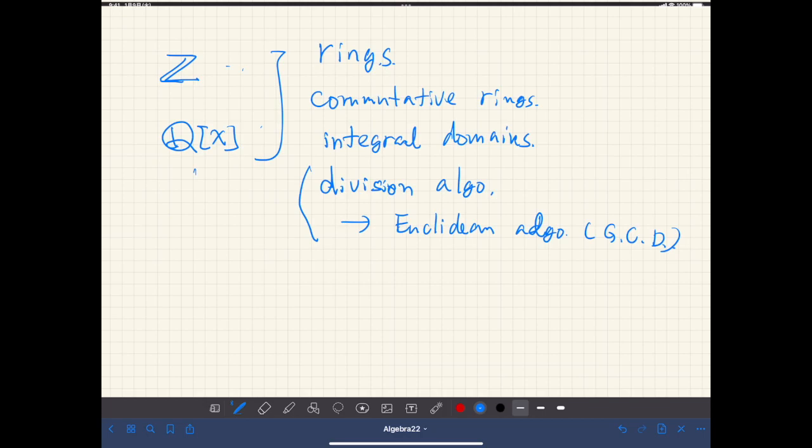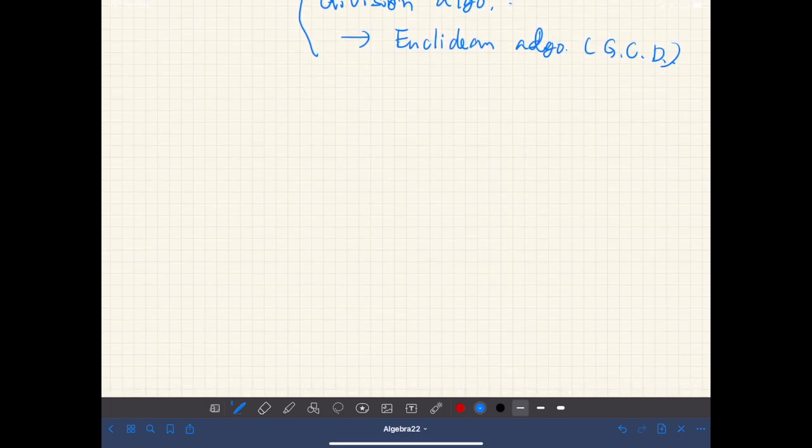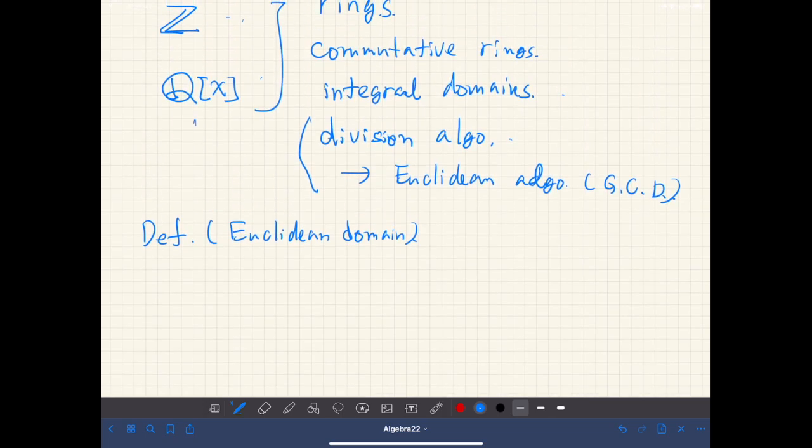That means integral domains that admit division algorithm or Euclidean algorithm, and define some new notion. That is, we define Euclidean domains. But rather than just saying a Euclidean domain is an integral domain that admits division algorithm, we define a Euclidean domain in the following manner.